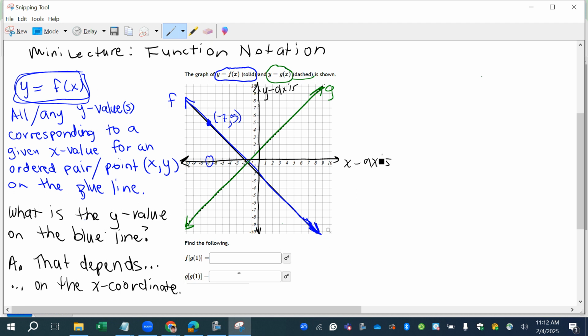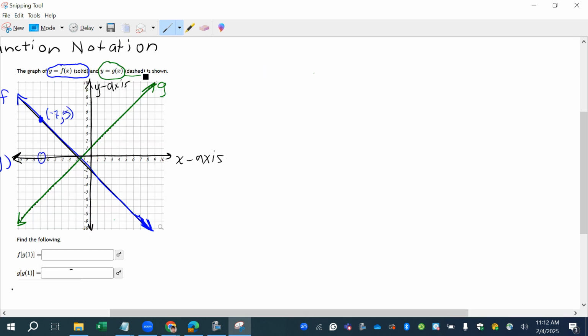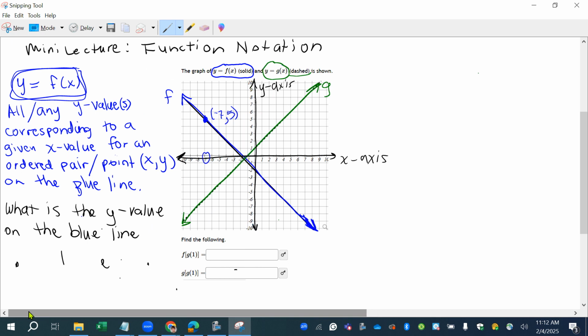So that's why if the question were worded better or more specific, I would have said instead, instead of saying what is the y value on the blue line, let's perfect that, okay? So I would add to that, right? I would say, what is the y value on the blue line when x equals something, okay?